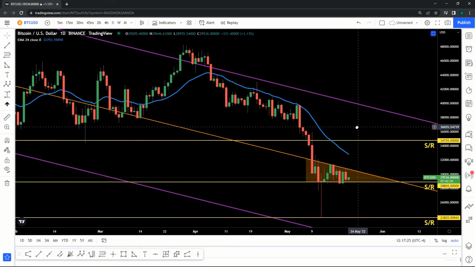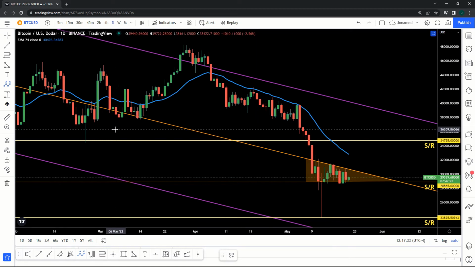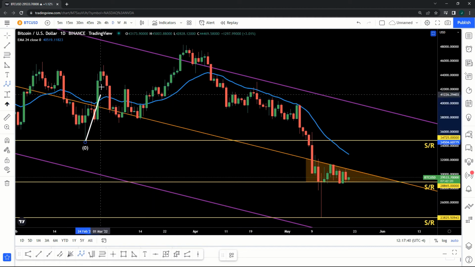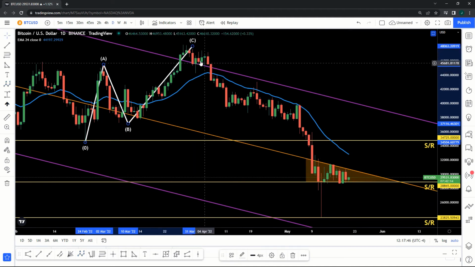So let's see what happens here, right? So we could say we have a swing low, swing high, swing low, swing high, right? Followed by a pullback, right?